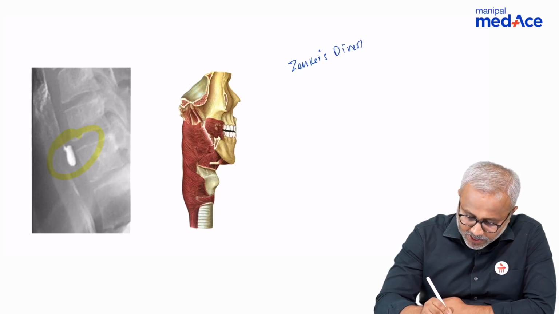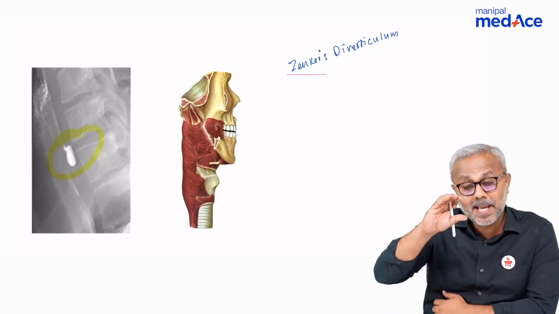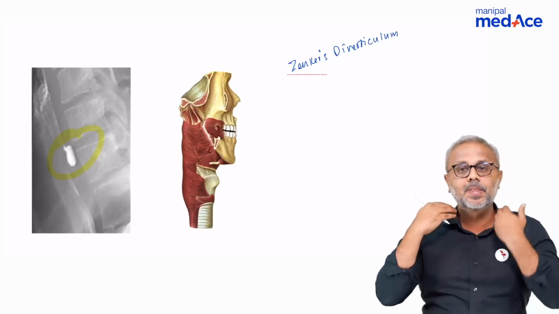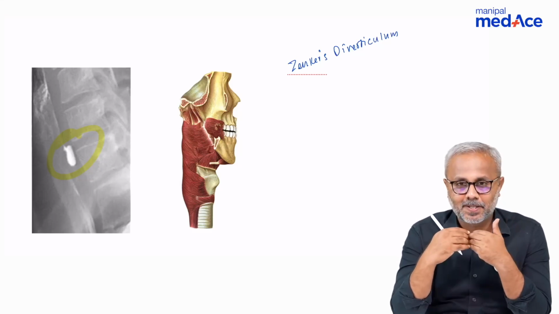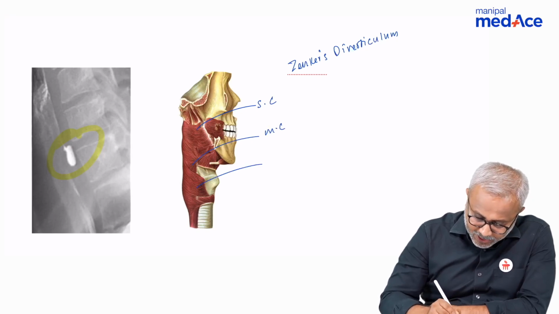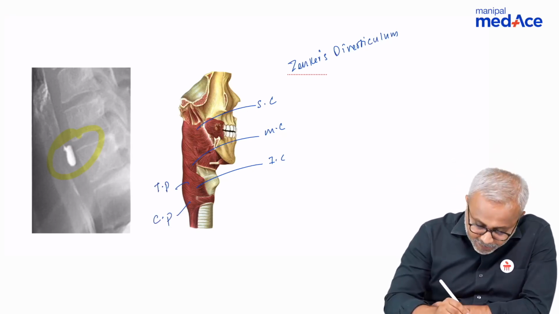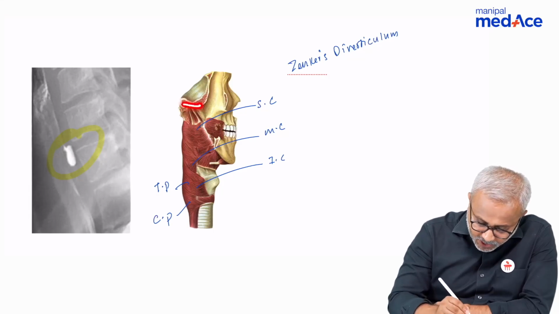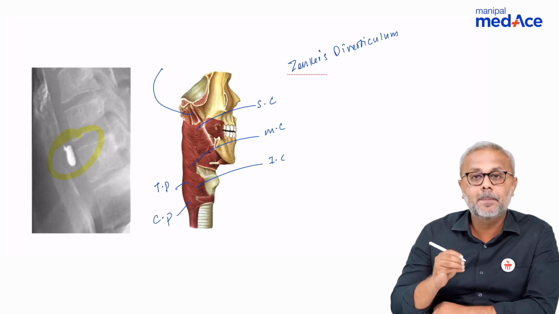Now what exactly is Zenker's diverticulum and how this is caused? Remember, the spaces between the constrictors of the pharynx. The muscles of the pharynx are arranged in two layers, constrictors and longitudinal muscles. So these constrictors are, first we have the superior constrictor, then we have the middle constrictor, and then we have the inferior constrictor which is divided into thyropharyngeus and cricopharyngeus. Right, the space between the base of the skull and the superior constrictor, this allows for the passage of four important structures.